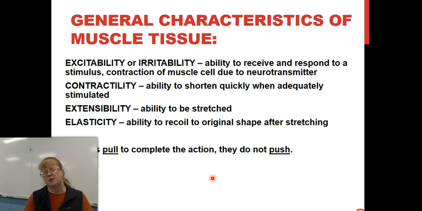So it's a pulley system. Because they're contracting and pulling, they're also stabilizing our joints all around our body. Just the fact that I can sit here in this chair has to do with my skeletal muscles contracting around my joints against gravity to stabilize my body position.